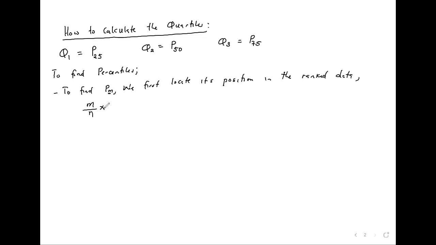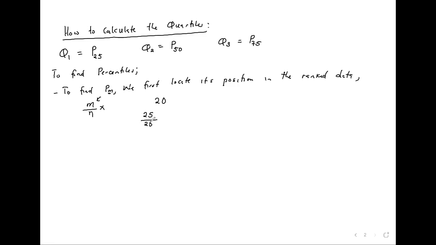For example, if I have 20 observations and I want the 25th percentile, I'm going to say 25 over 20, and then I get some value.